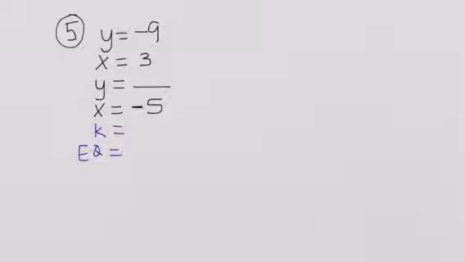All right, so the first thing that we're going to do is find our constant of variation. So we're going to start with our formula, y equals kx. We're going to plug in what we know. Y is -9 when x is 3.